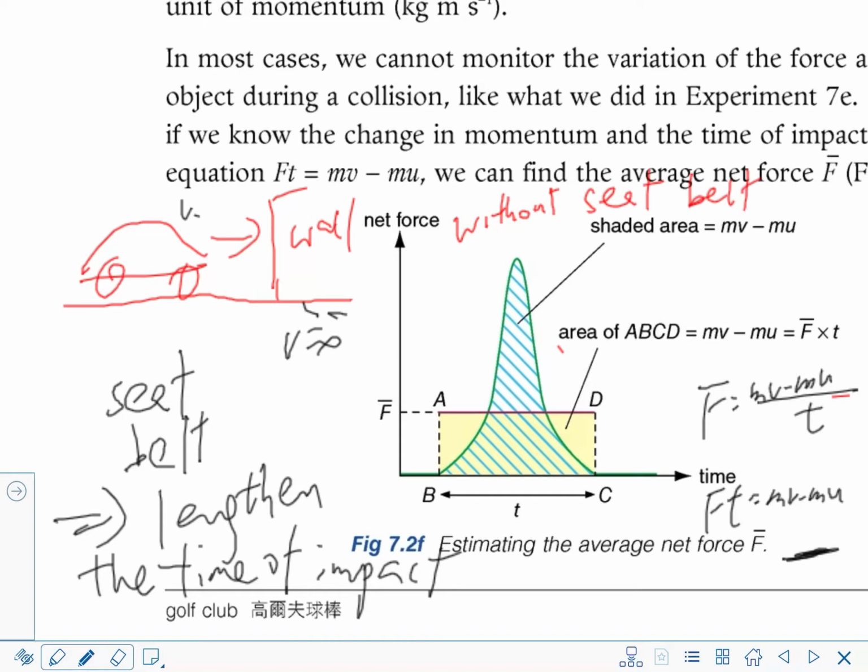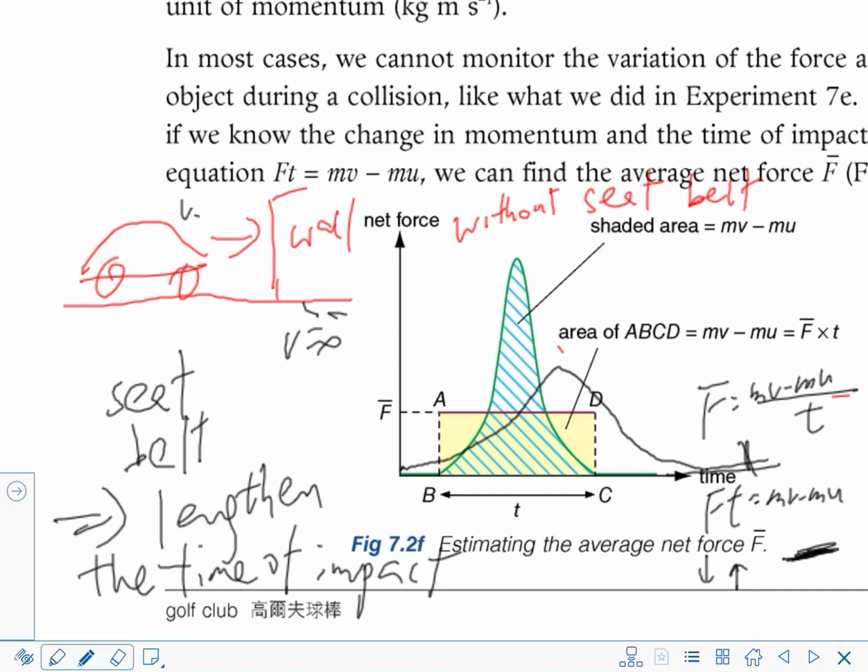If the time is lengthened, the force will be smaller, since mv minus mu is the same for both cases. The change in momentum is the same, so the area will be unchanged. So if the driver wears a seatbelt, the force will be that.